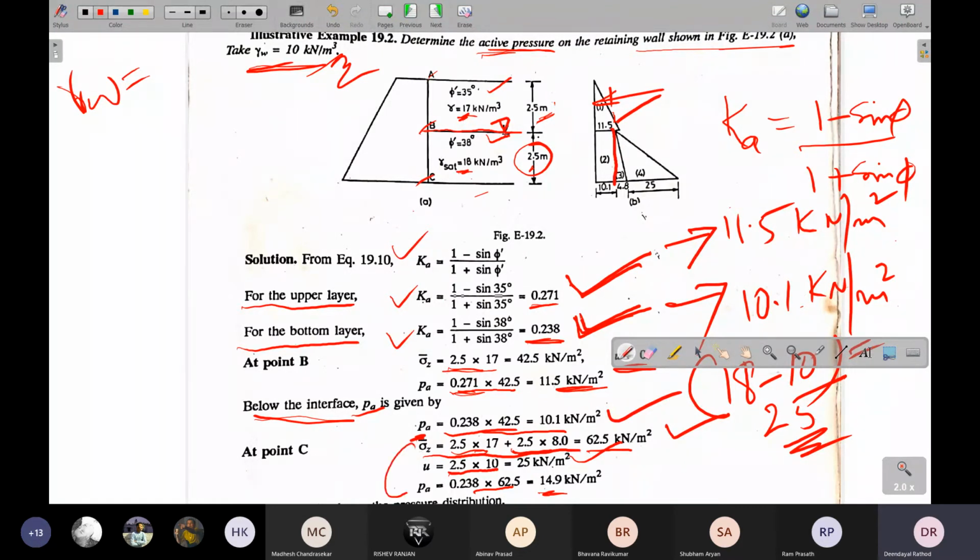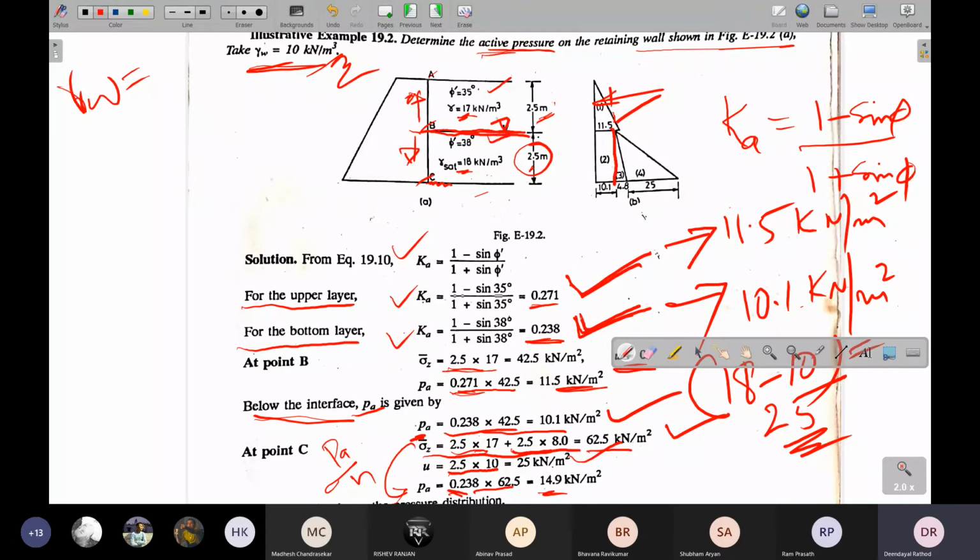Then we have to find out the horizontal stress. This is the vertical only. To find out the horizontal stress, the horizontal active earth pressure, we have to multiply here by 0.2, because there is only one soil here. There is no interface here, no need to take interface here. Only at the interface you have to take just above and just below.